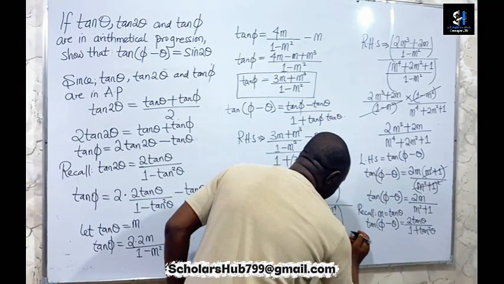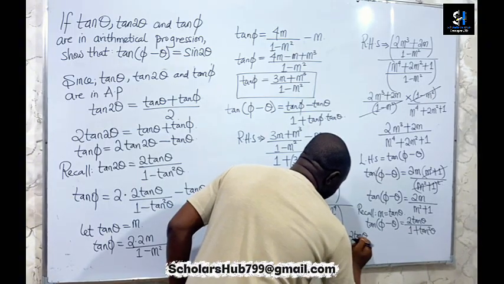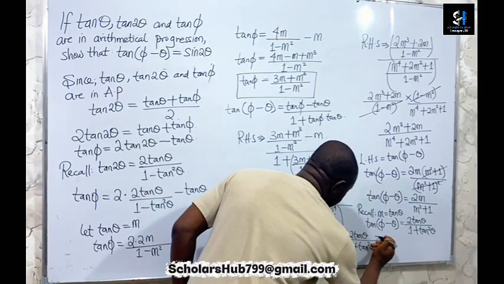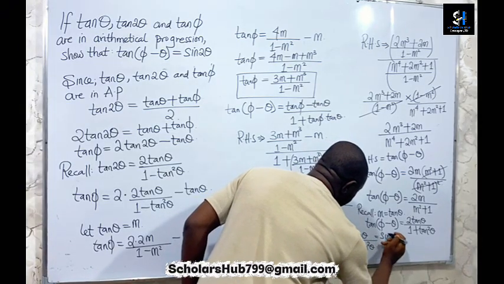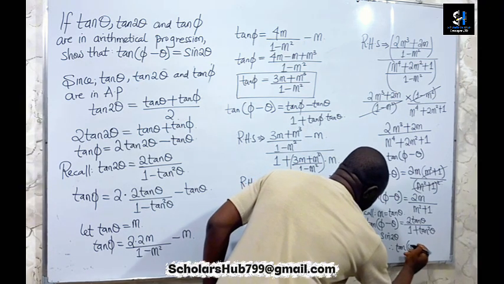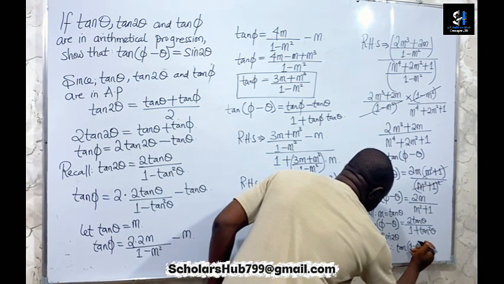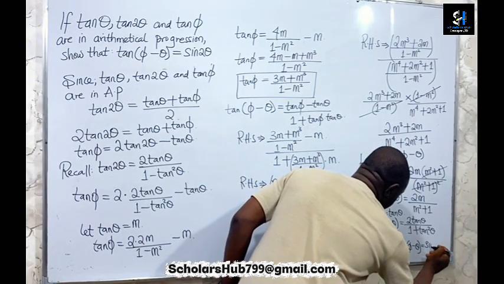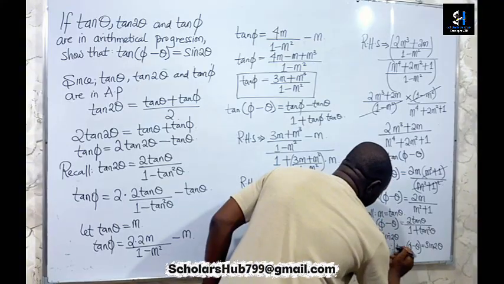And also we know that 2 tan theta divided by 1 plus tan squared theta is equal to sine 2 theta. So therefore, tan of the difference between phi and theta will be equal to sine 2 theta.